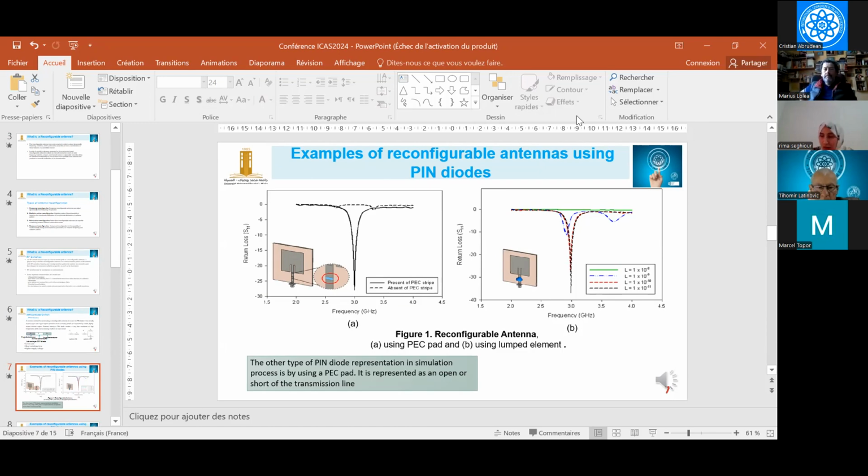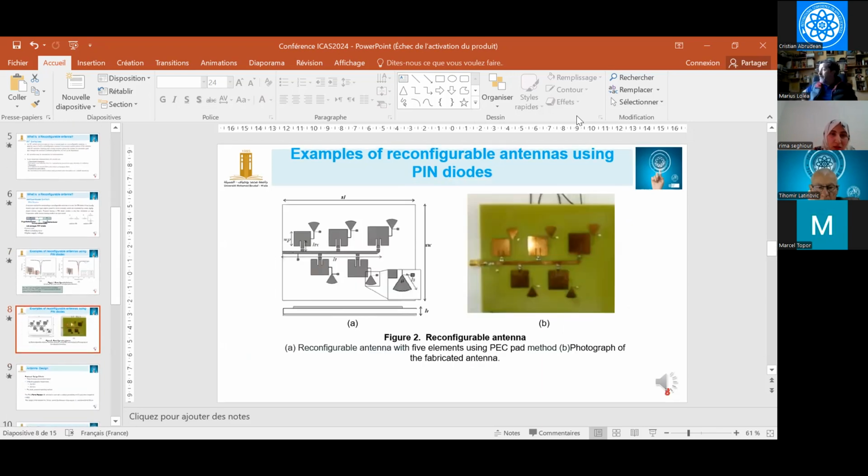And we have another example of reconfigurable antenna. Combination of 5 radiating elements using a patch pad method to achieve the reconfiguration.